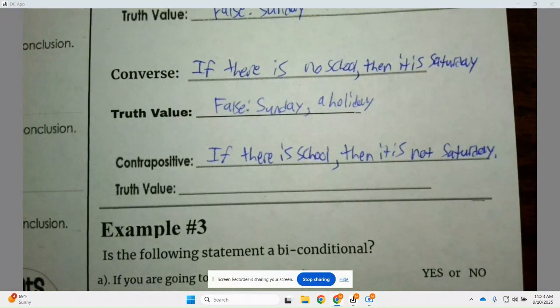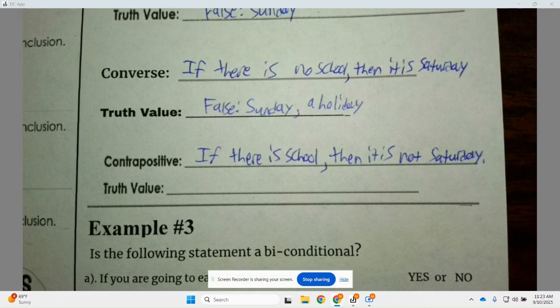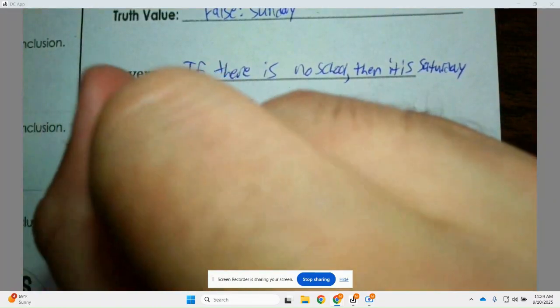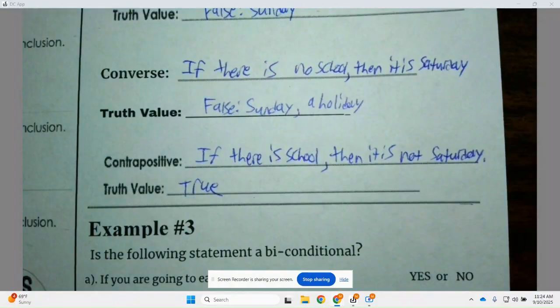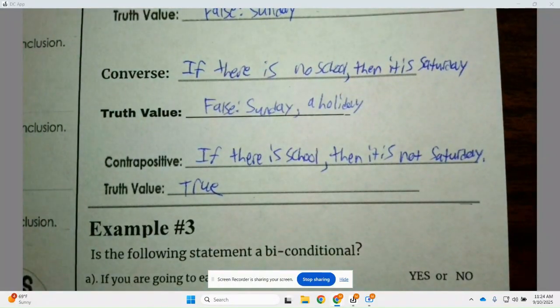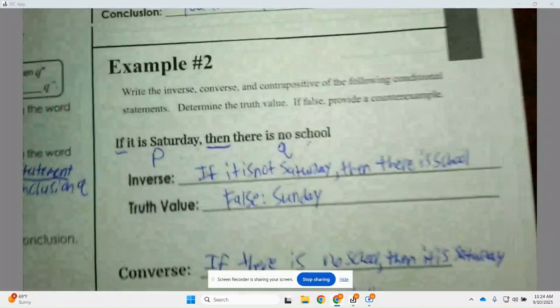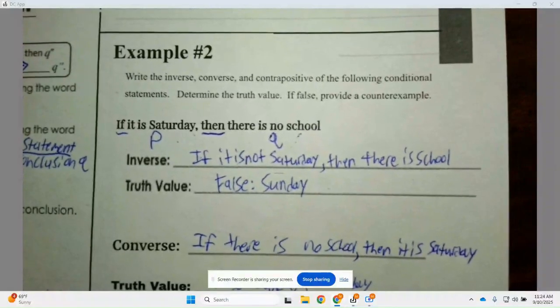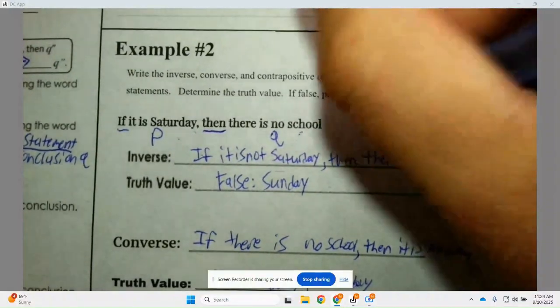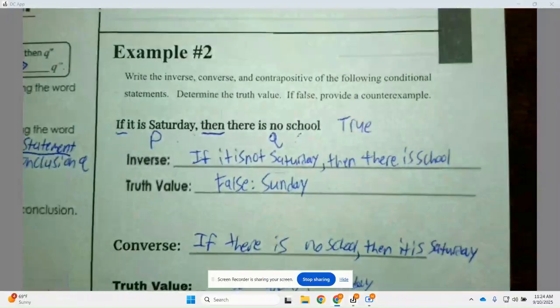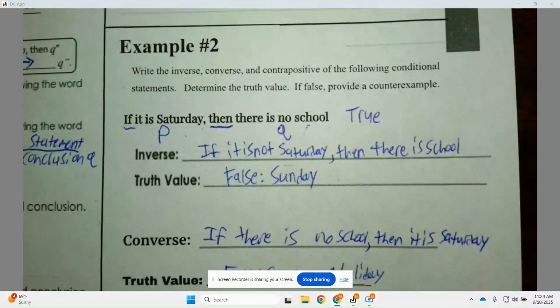And is that true or false? If there is school, then it's not Saturday. That makes sense, right? Because it couldn't possibly be Saturday if you're in school. So that has to be true. And if we're just looking at the original statement, if it is Saturday, then there is no school. That is true, right? In American schools, that is very true. If it's Saturday, then there's no school.